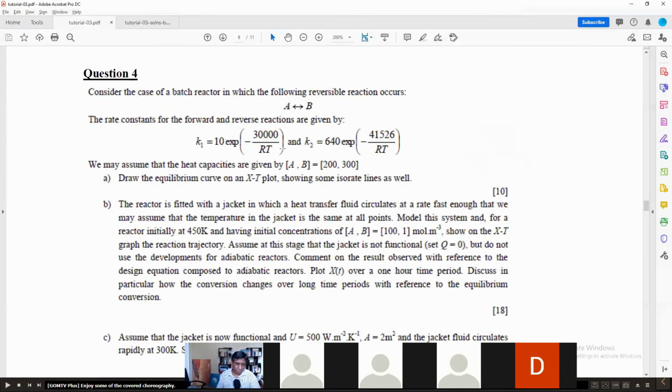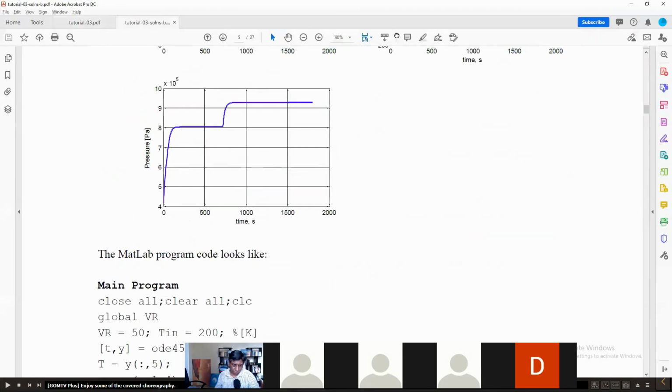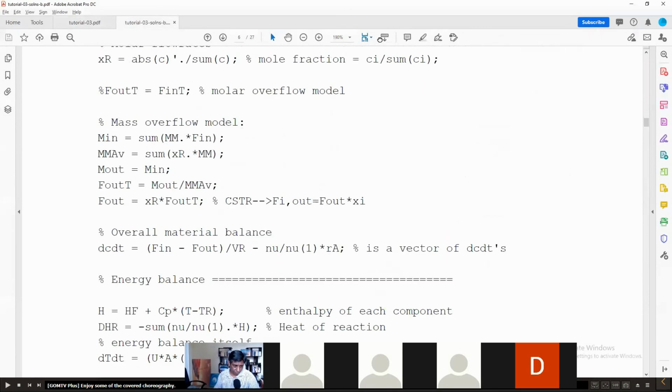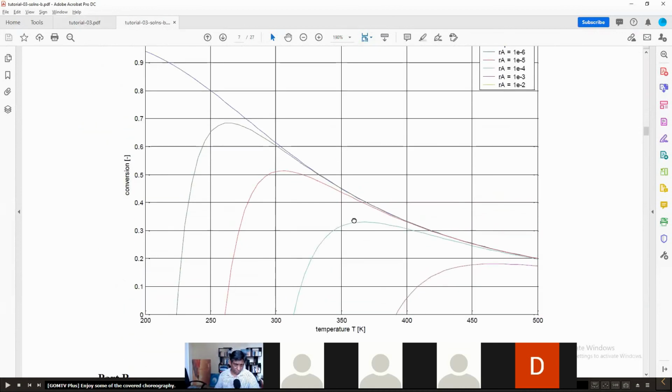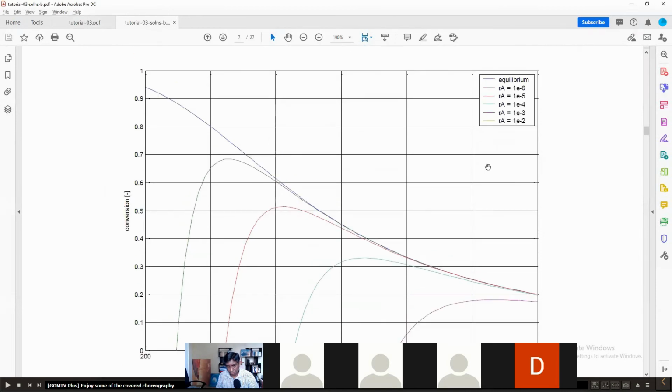Okay, now it says model the system, and the reactor is initially at 450 Kelvin. So I'm just going to go to my solution here. In the first part, you plot the equilibrium line and you pick a couple of isorate values, reaction rate values, then you can draw the isorate lines for them, like shown here.